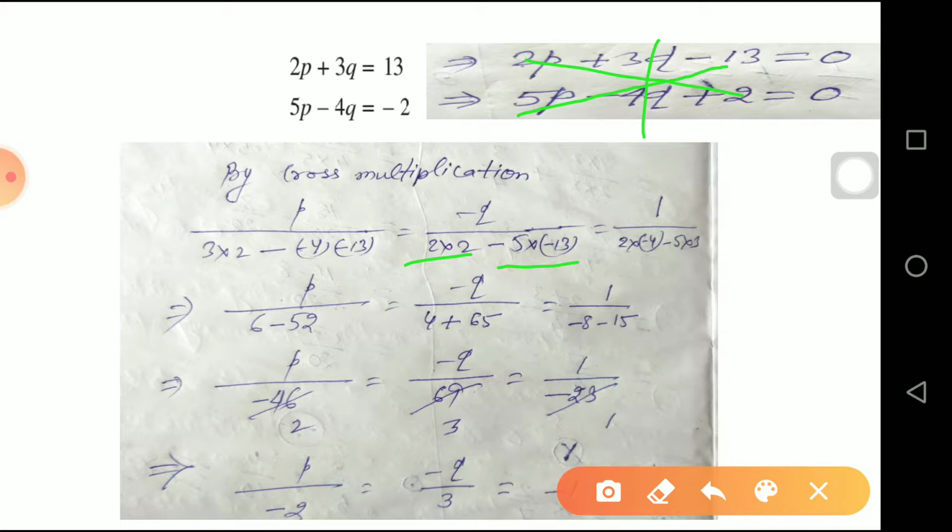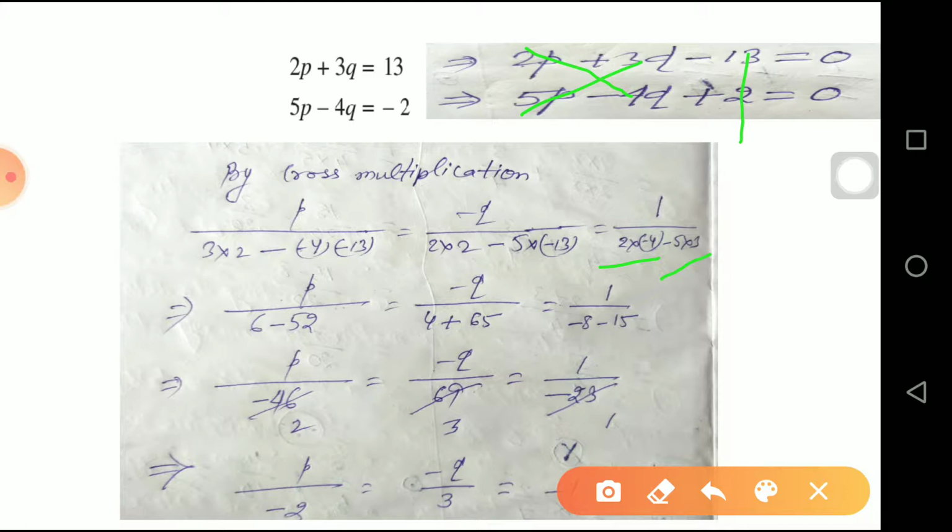Then equal to: we will hide this one, then multiply 2 by minus 4, minus 5 by 3.